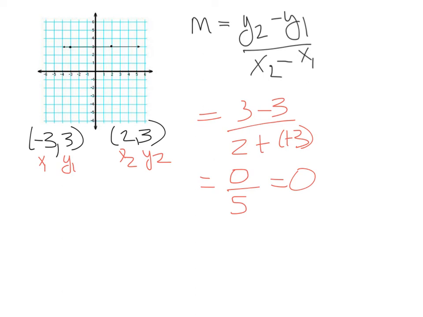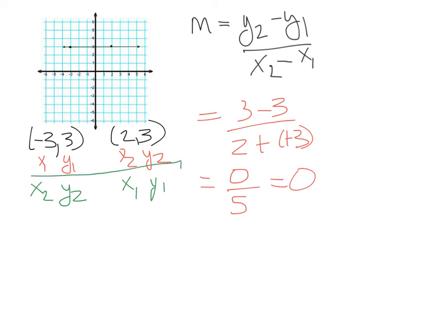Now, just for the sake of illustration, we'll do it the other way. We'll let this be x sub 2, and this be y sub 2, this be x sub 1, and this be y sub 1, and see that we get the same thing.